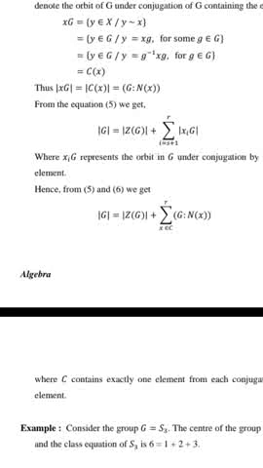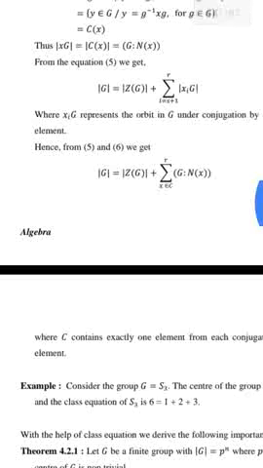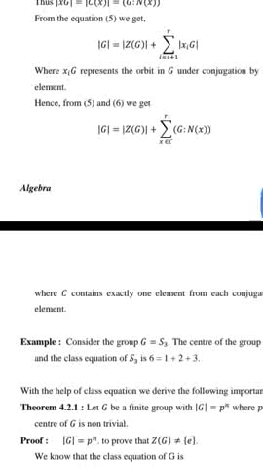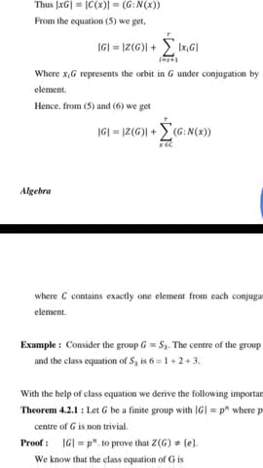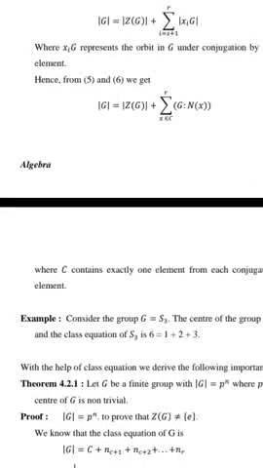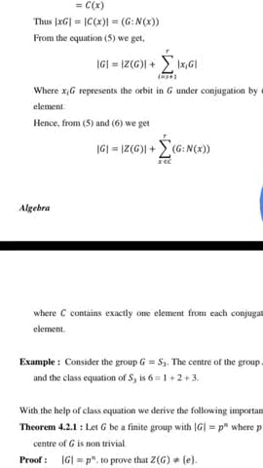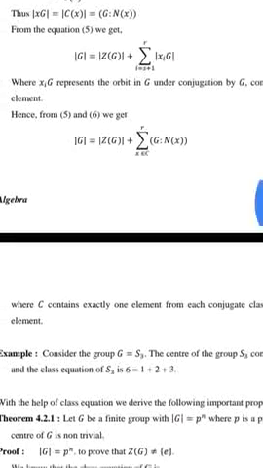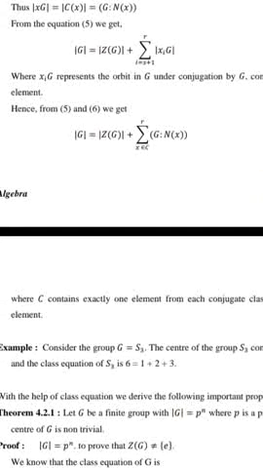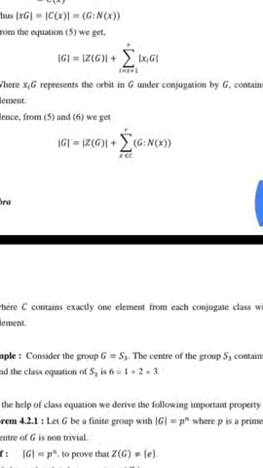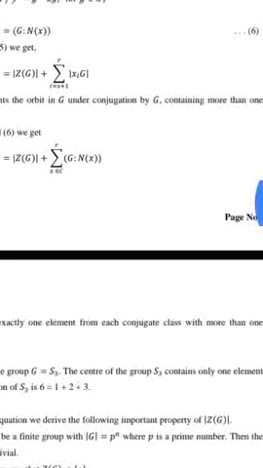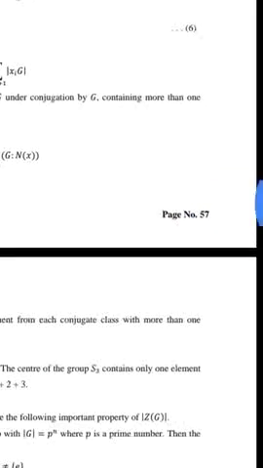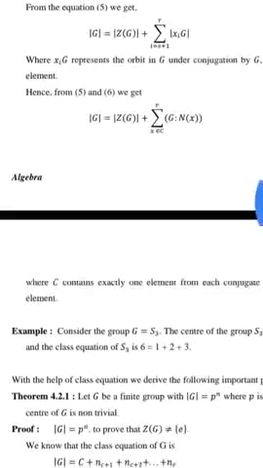Then the cardinality of the orbit of x is equal to the cardinality of C(x), which is the index of N(x) in G. From this, the cardinality of G is equal to the cardinality of Z(G) plus the summation of the orbit cardinalities over i equal to s plus 1 to r, where these are the orbits in G under conjugation containing more than one element.